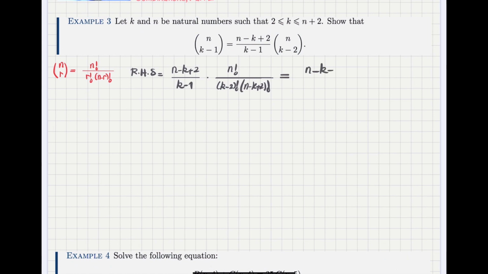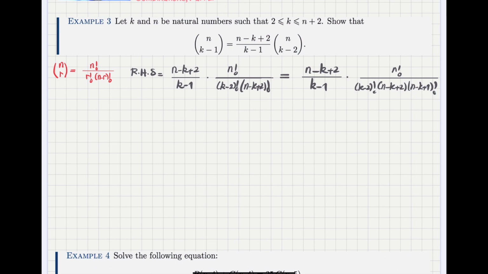So it becomes that divided by k minus 1, and I have n factorial in the numerator, and in the denominator I have k minus 1, and then the other one, n minus k plus 2 times n minus k plus 1 factorial.